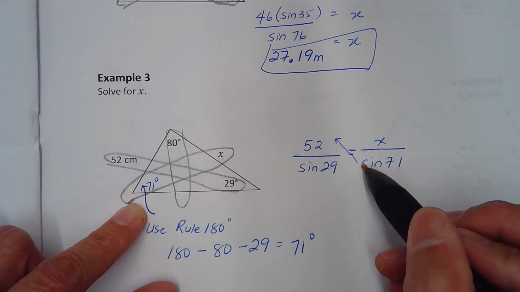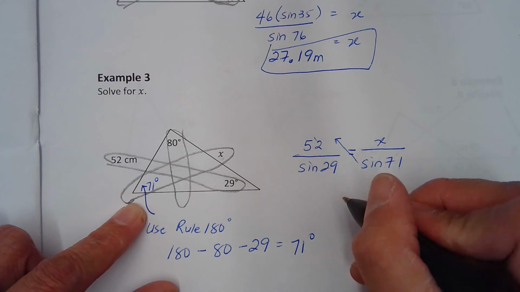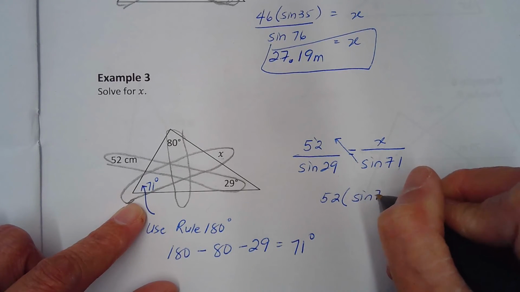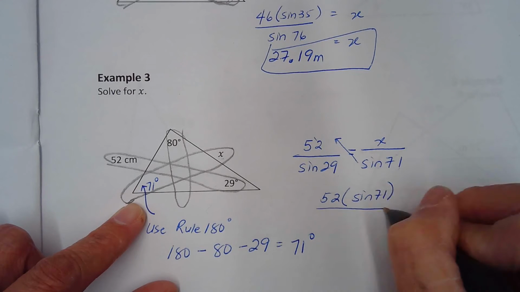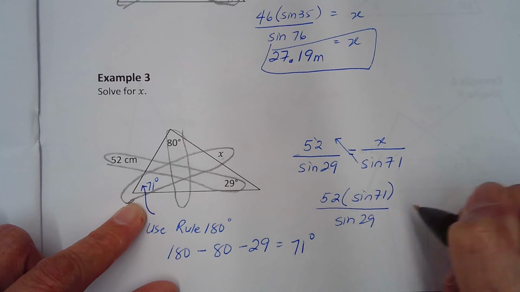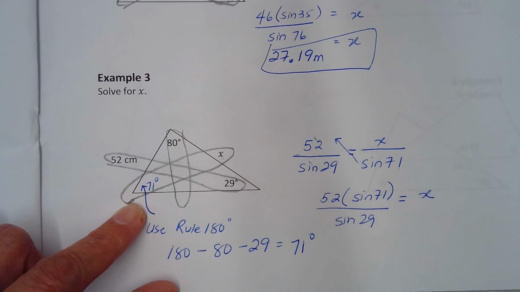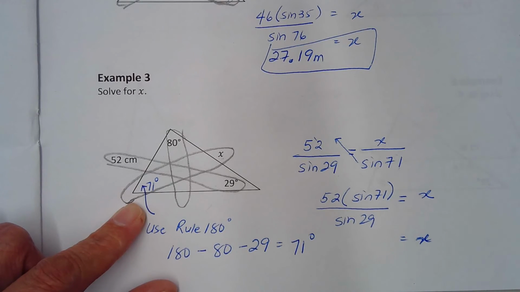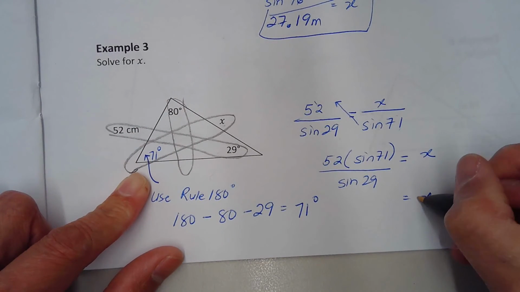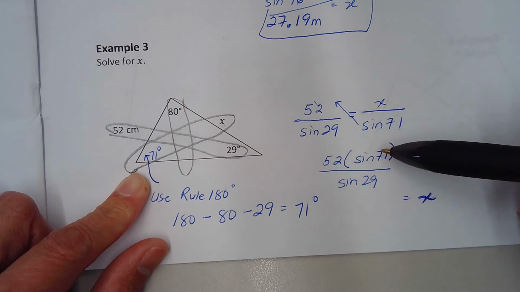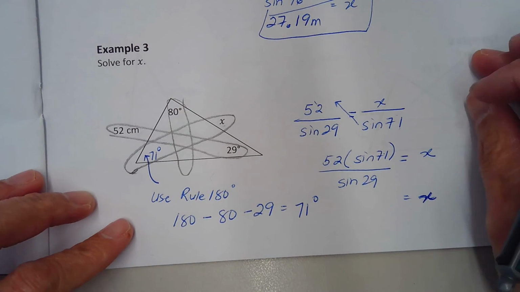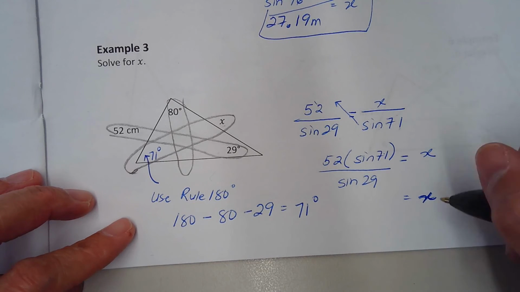So you have 52 times sine of 71 divided by sine of 29 equals x. So go ahead and calculate that piece.